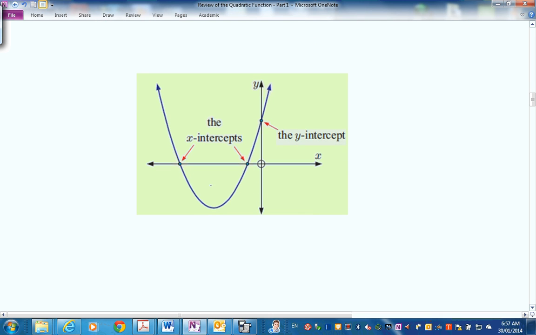Last one now before I let you loose on some problems. I know you're getting excited, you want to get into this. And of course, the other thing we want to know is where it cuts the y-axis and where it cuts the x-axis. And of course, if you could put it in the form (x take a) by (x take b), if you could factorise it, where does it cut the x-axis? It cuts the x-axis when y is naught.